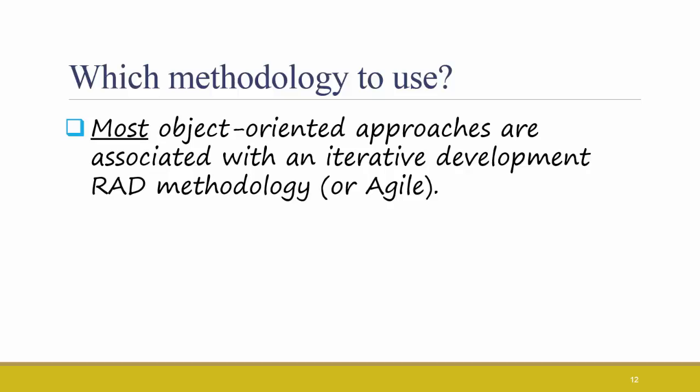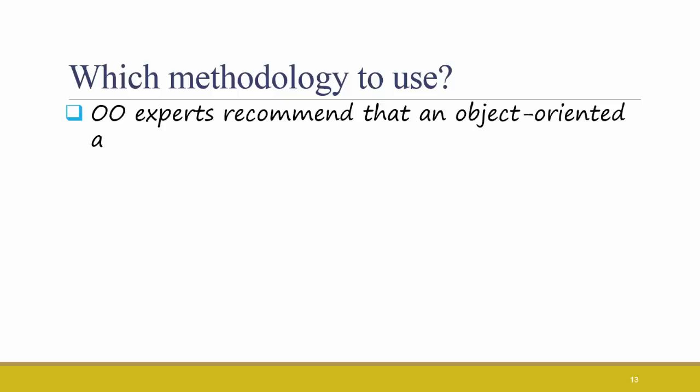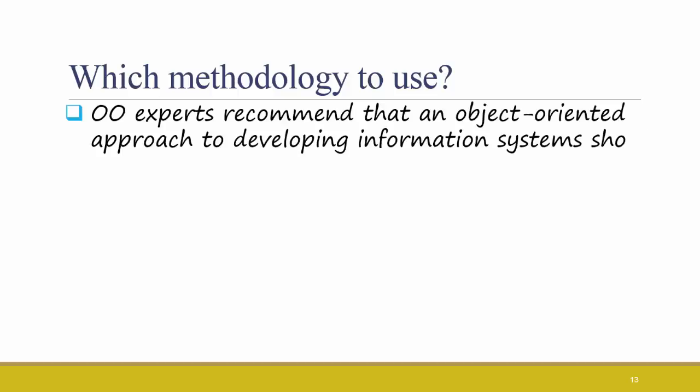RAD works well for object-oriented approaches because with objects you can easily break things into modules and create the system one piece at a time. So building a prototype or versioning, like we talked about with RAD methodologies in Chapter 2, works really well. OO experts recommend that an object-oriented approach to developing systems should be three things.